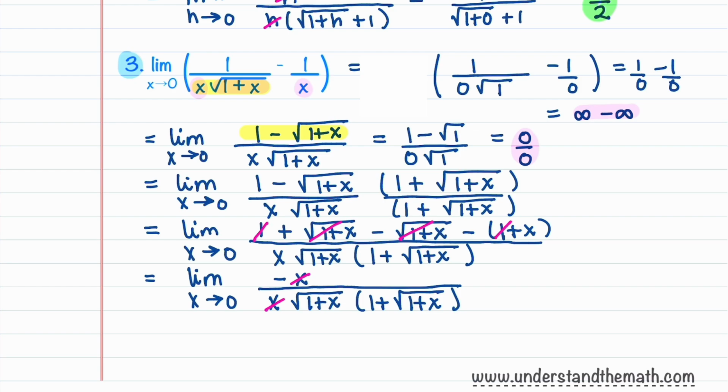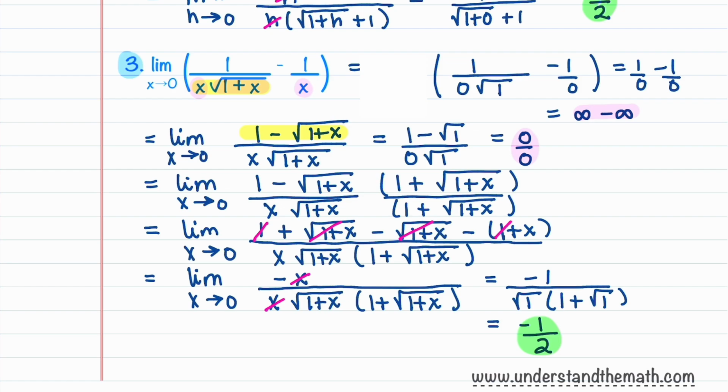And now we can go ahead and plug in x is 0. So up top, we get a minus 1. And then in our denominator, we have square root of 1. And then we have a 1 plus square root of 1. So this is minus 1 all divided by 2. And that's the value of our limit.